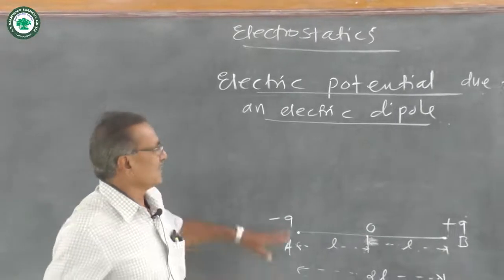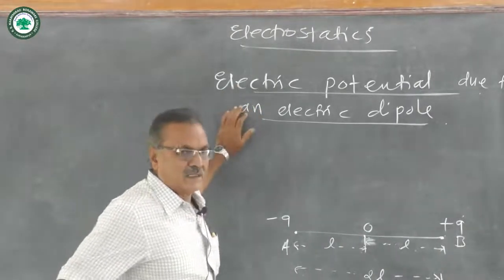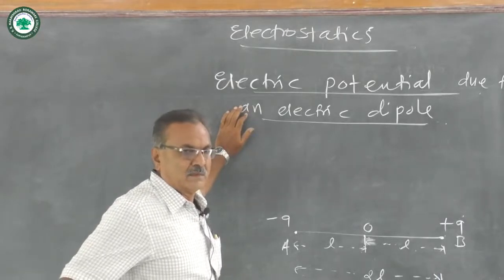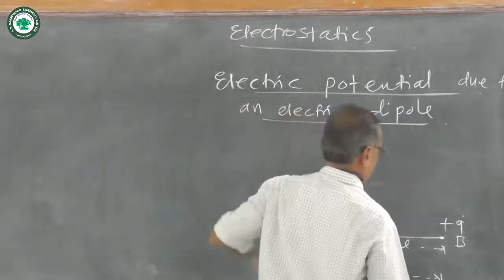We have to find out the electric potential due to an electric dipole, that is, minus q and plus q charges.